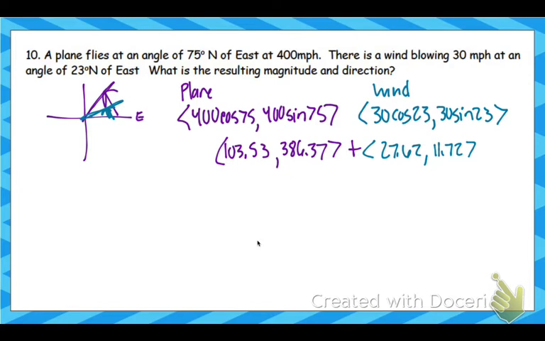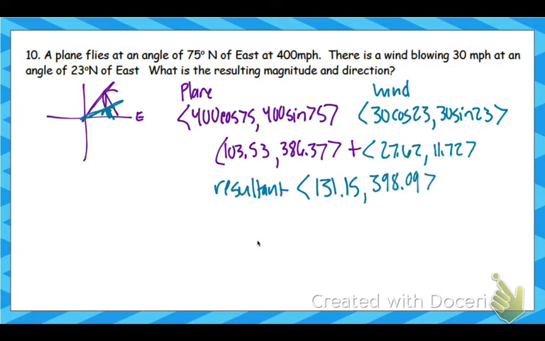That's going to give me the resultant here when I add them together. My x's will be 131.15, and those y's, I'm going to take that 386.37, add it to the 11.72. I don't know why I wrote a plus there. And that's going to give me that y component of 398.09.